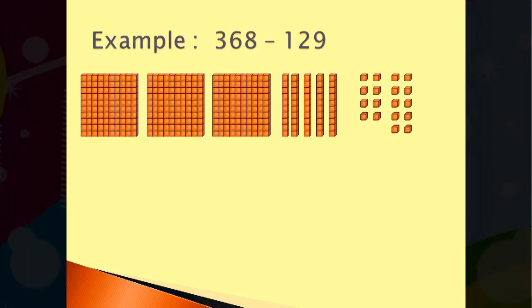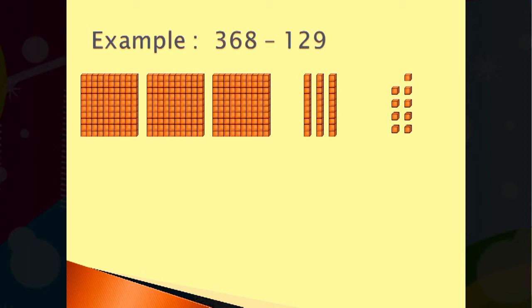Let's do that. That leaves us with 9 units. Now we're going to our tens. There are 5 tens remaining and we want to subtract 2 tens. Let's try that. That leaves us with 3 tens.